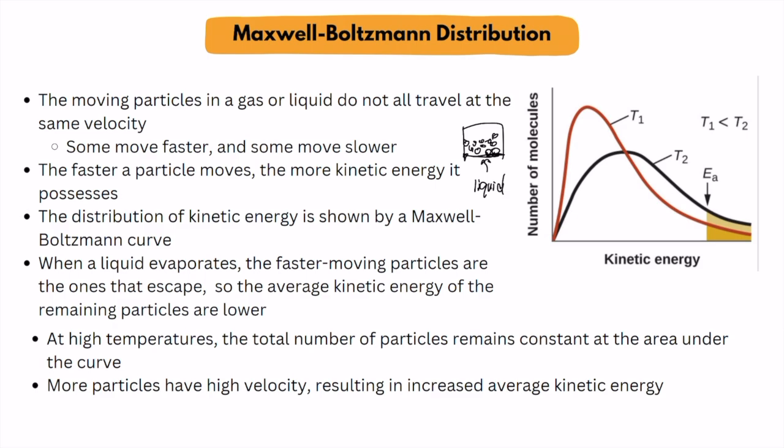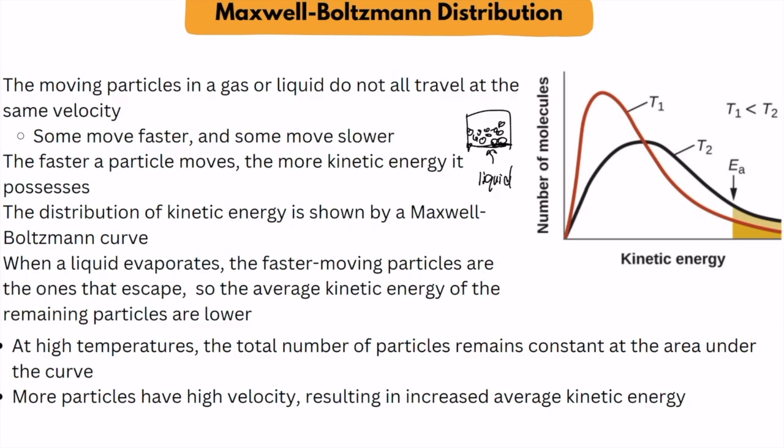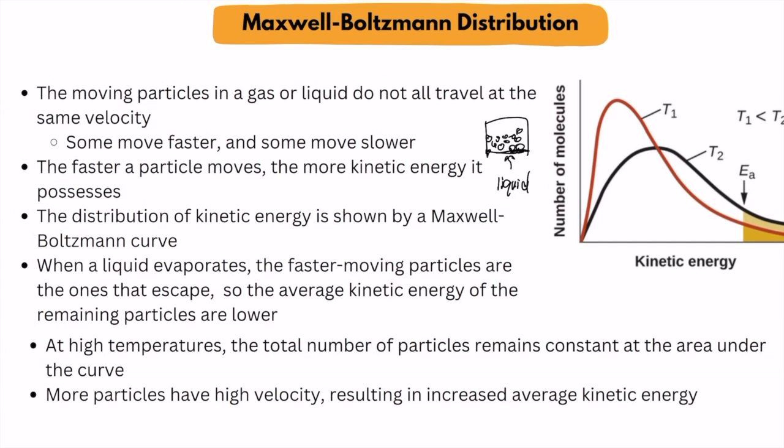When a liquid evaporates, the faster moving particles are the ones that escape. So let's say this is a liquid. You have some particles that move faster. Let's say this one moves faster. So of course, it escapes its intermolecular forces first, and it evaporates into gaseous state.